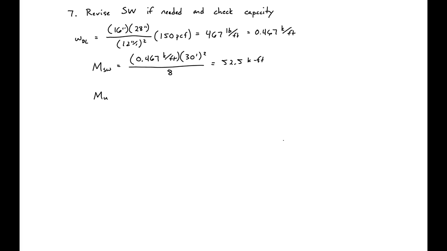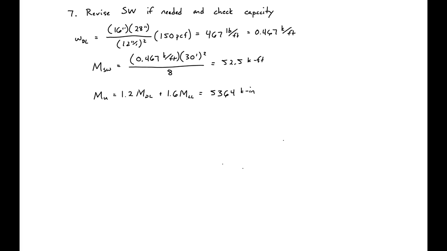And then we can find our new MU. Our MU is equal to 1.2 times our dead load plus 1.6 times our live load, which will give us 5,364 kip inches.